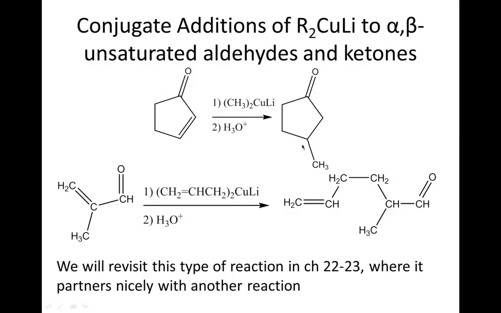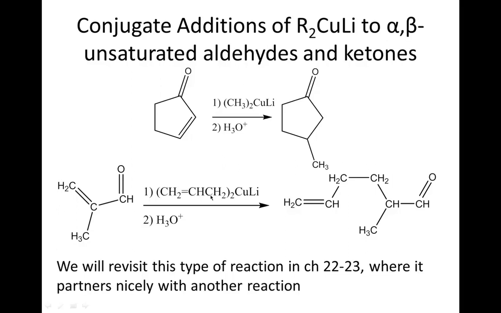And this reaction partners really well with something we're going to see in a couple of later chapters from now, where we can put carbon onto this beta position, or we could put carbon onto the alpha position, and so being able to pick and choose is really nice. And in this example, I picked a little bit more complicated lithium diorganocuprate, so you notice there's a double bond in here.